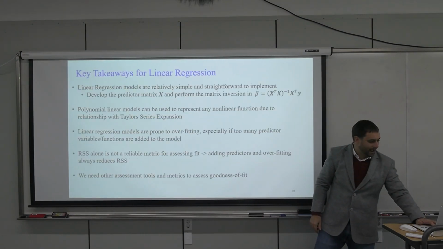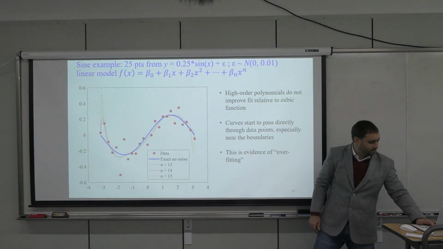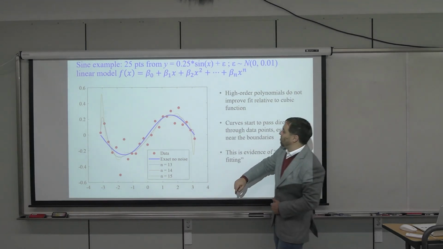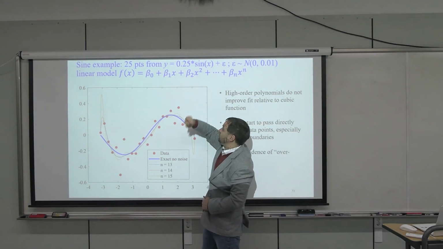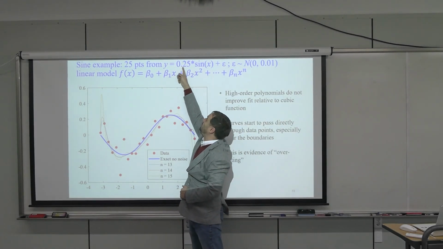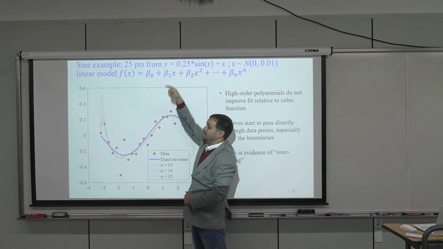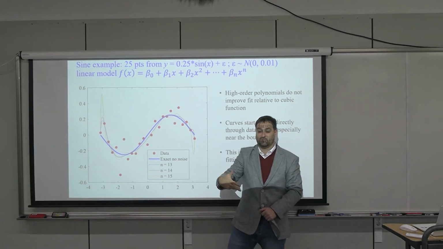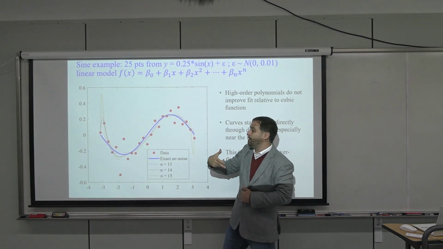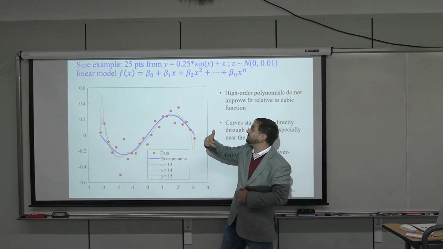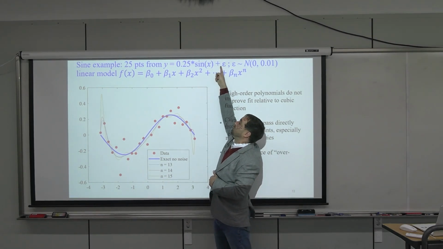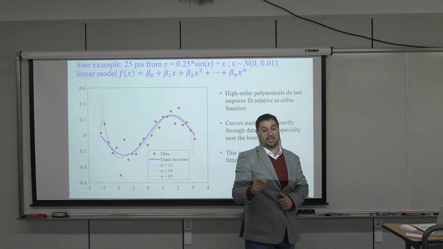So let's just go back. In regression, we're trying to gain information about the underlying functional form or the underlying physics, but the regression analysis can also give us information about the actual noise that's in our data.